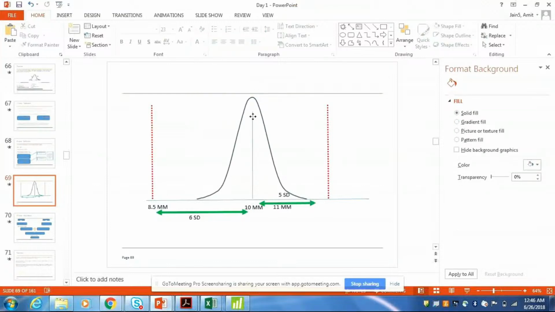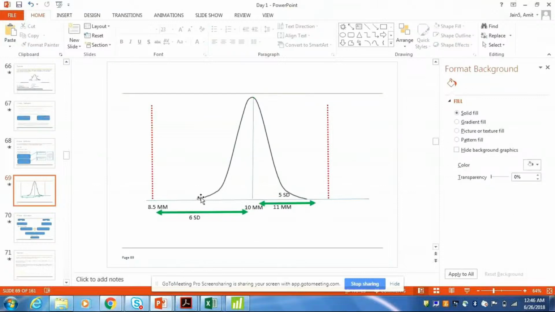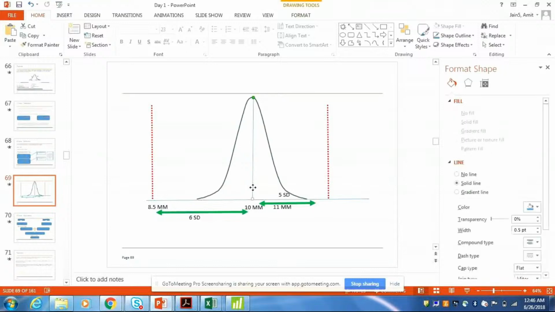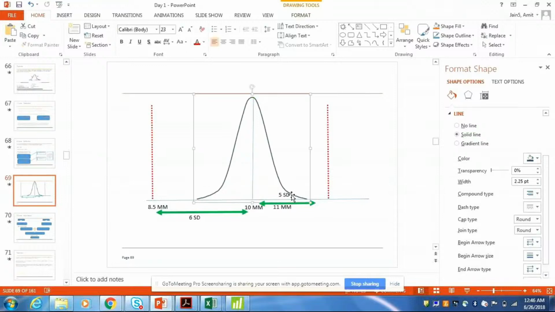The middle part would keep on increasing and the spread would reduce, because I can fit 6 standard deviations between the mean and the lower specification limit, and between the mean and upper I can fit 5 standard deviations.